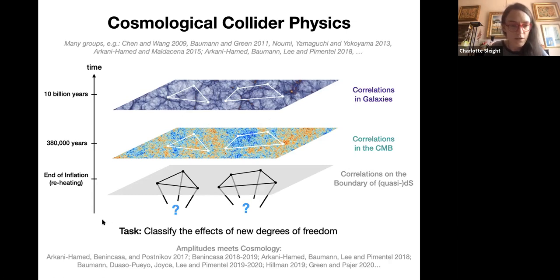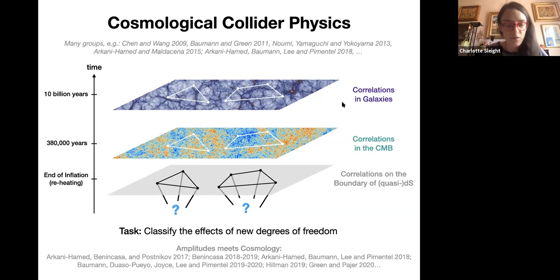And one of the main predictions is that spatial correlations at the end of inflation, so on this grey spatial slice here, say the scalar or the tensor fluctuations, as time evolves forward, give rise to correlations, for instance, in the CMB and the distribution of galaxies. So this would make inflation the highest energy observable natural process, where in particular the Hubble scale during inflation could be as high as 10 to the 14 GeV.